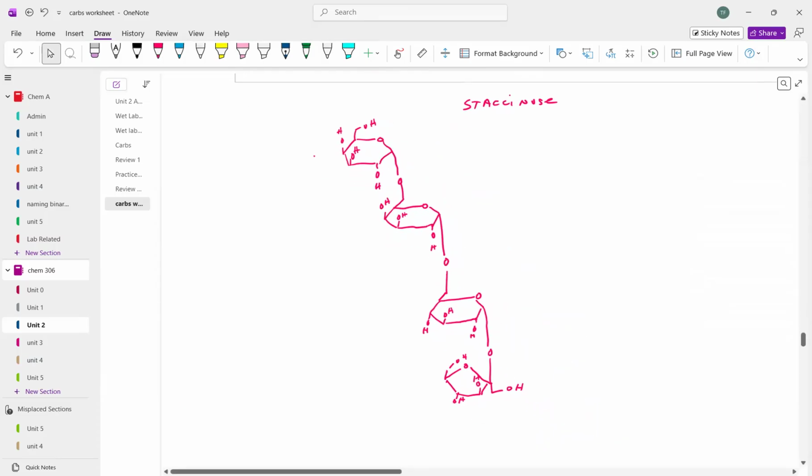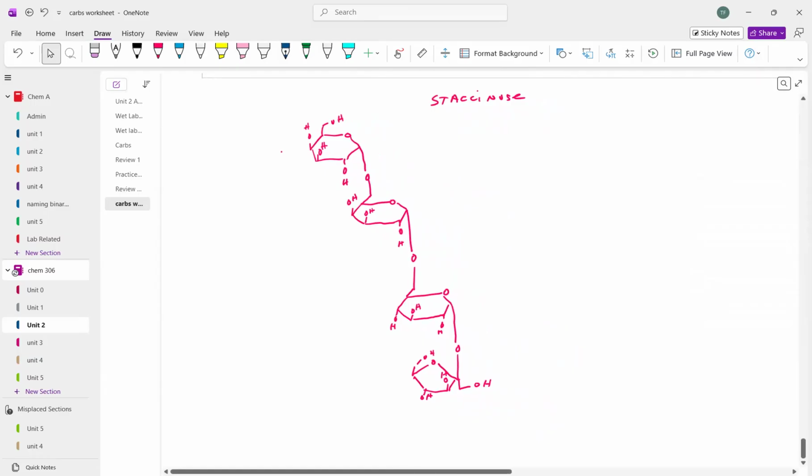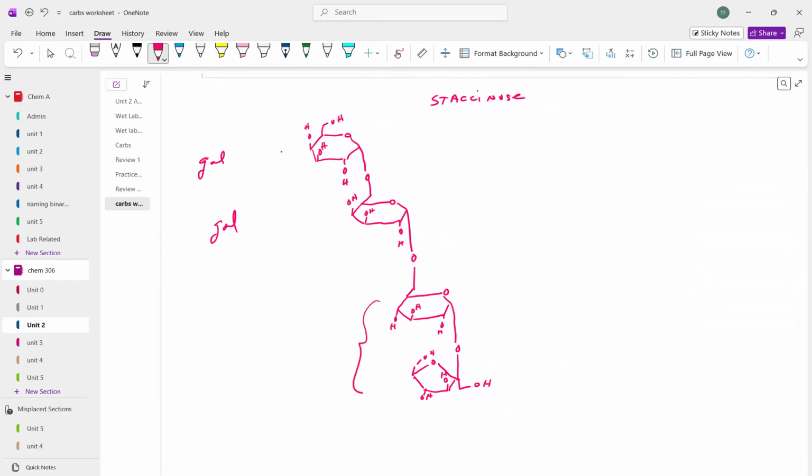Okay, that's the most complicated one. So we have galactose, sucrose.